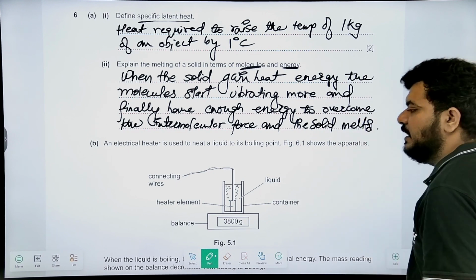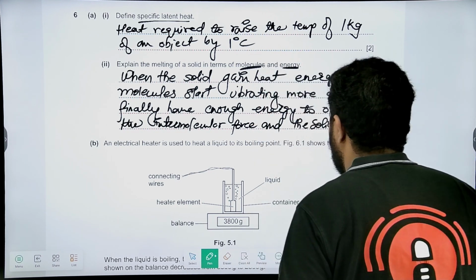Right? The particles can now move away and therefore the solid is melting.